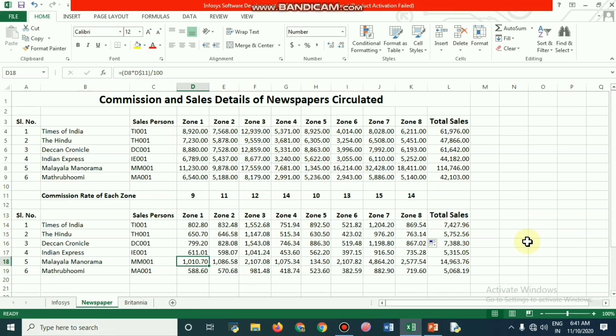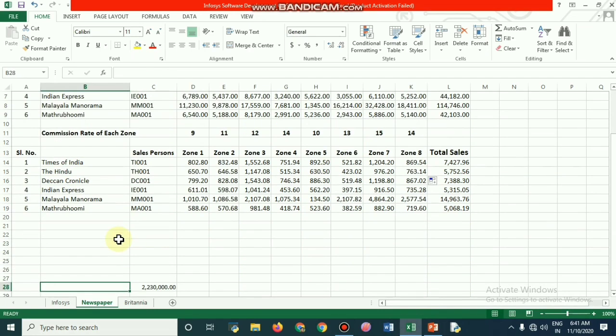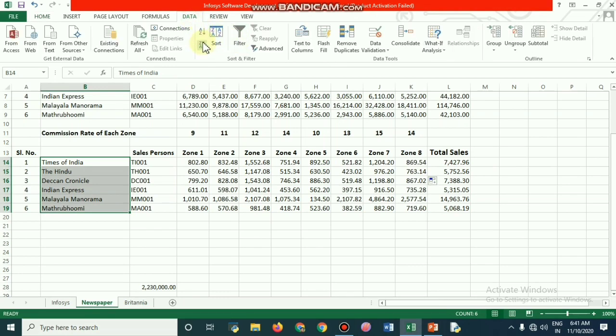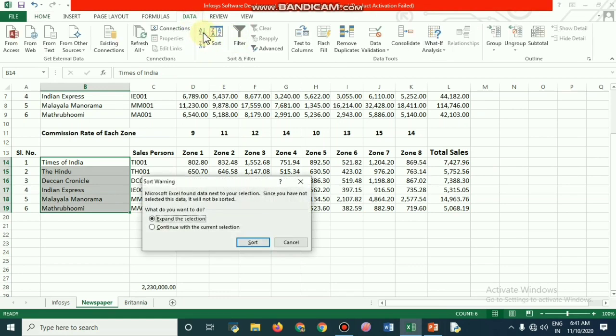And with these examples, we are coming to the end of MS Excel. And one more thing I need to show you. If you want to sort the data in ascending or descending order, just select the cell address where it needs to be, go to data and sort it in ascending order, and now expand the selection and sort.